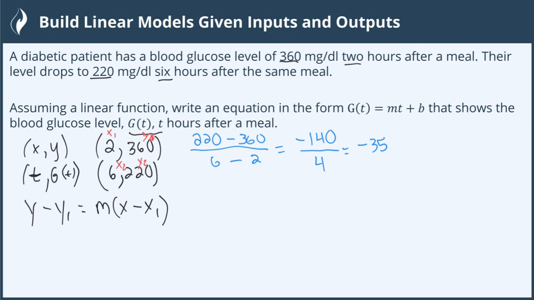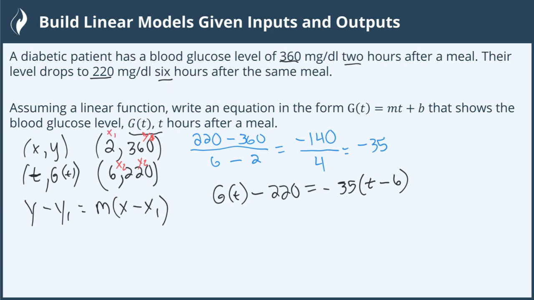So I'm going to have g of t minus 220. And that's going to be equal to negative 35 times t minus 6. Okay.